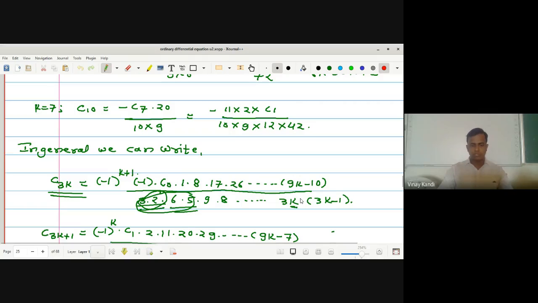These terms. Instead of k plus 1, take only k here.